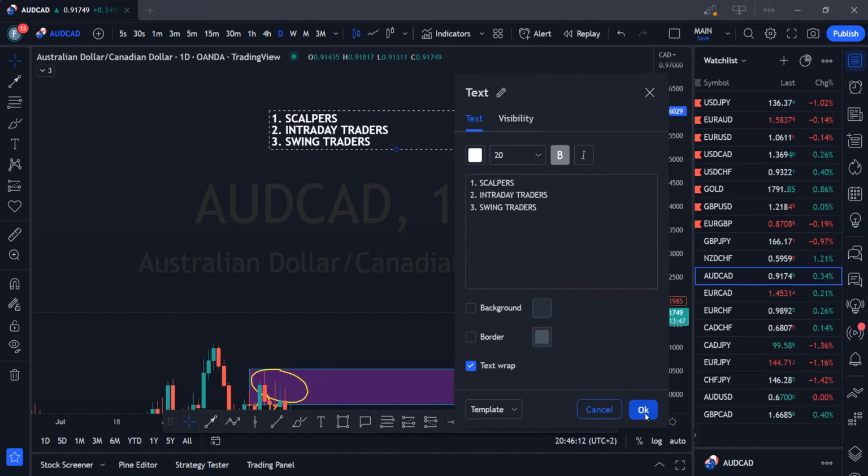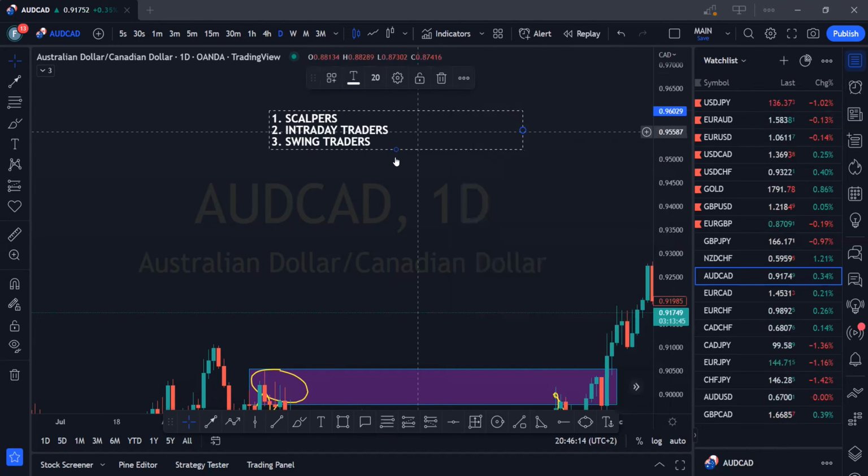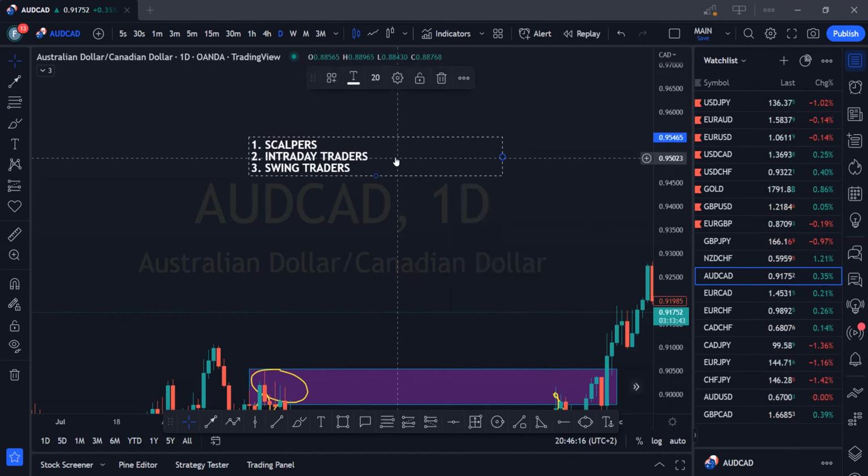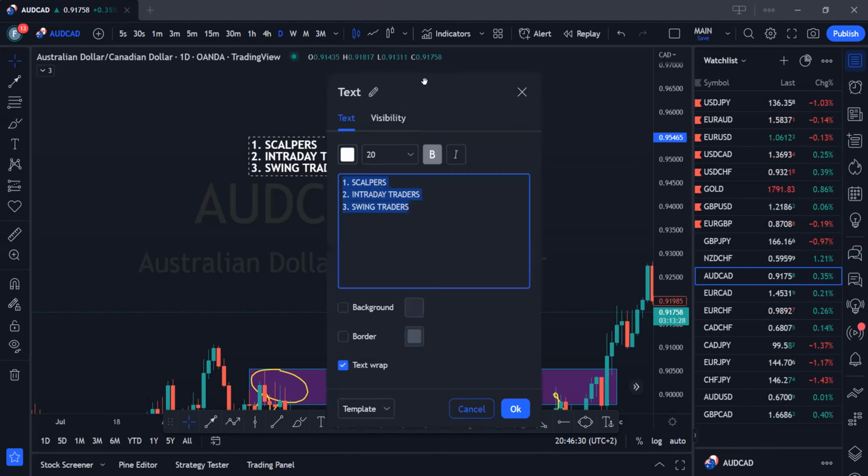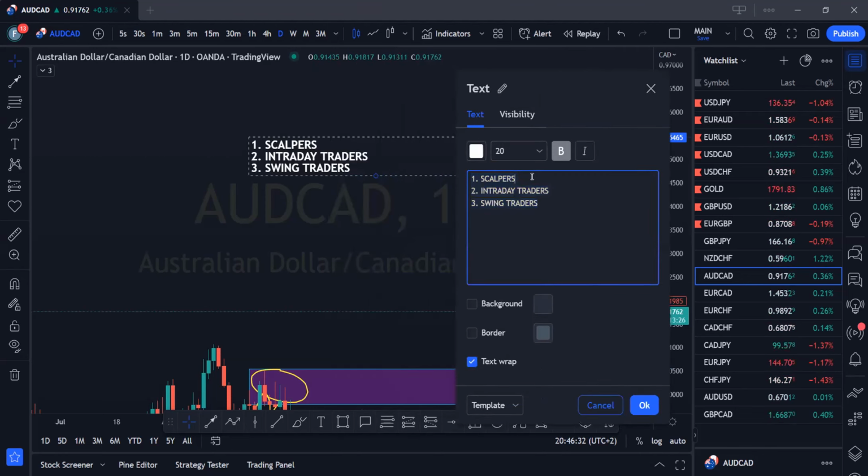So who are scalpers? Scalpers are traders that want to quickly enter a trade and then quickly exit the trade. Most times a scalper is taking entry on the 1 minute chart, or let's say the 30 seconds chart.